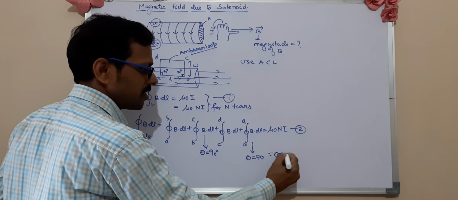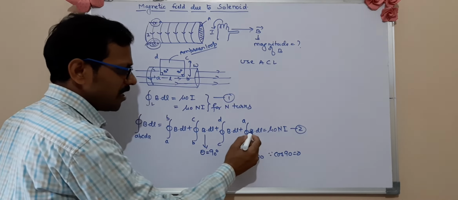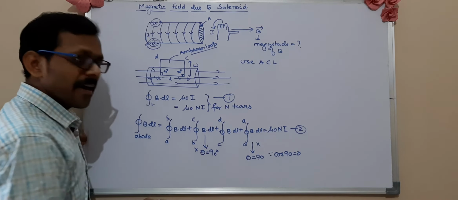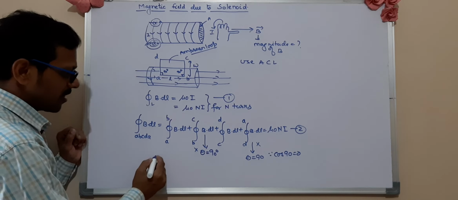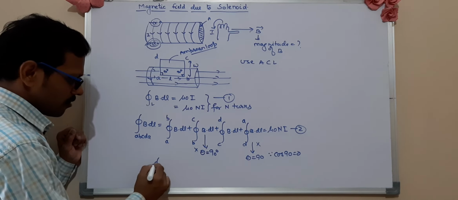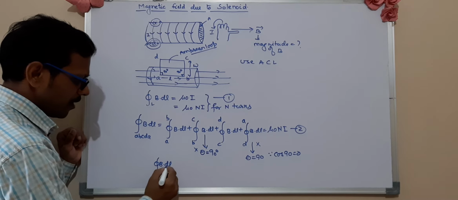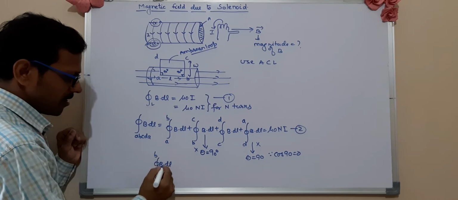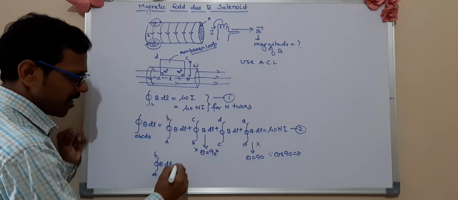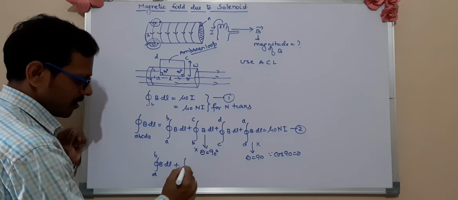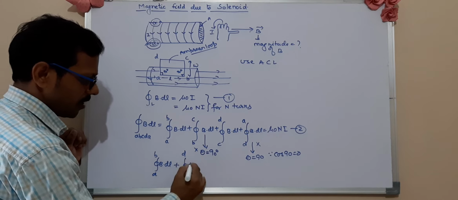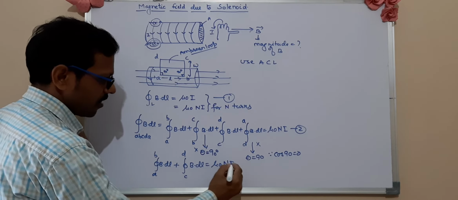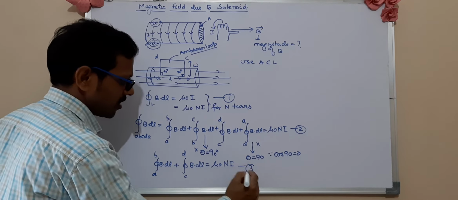Since cos 90 is 0, these two parts will be cancelled. Hence, the terms left are A to B, B dot dl, plus C to D, B dot dl, and this equals mu naught N I. Correct? So this is your third equation.